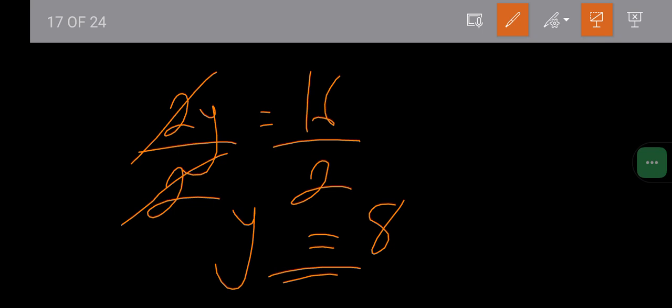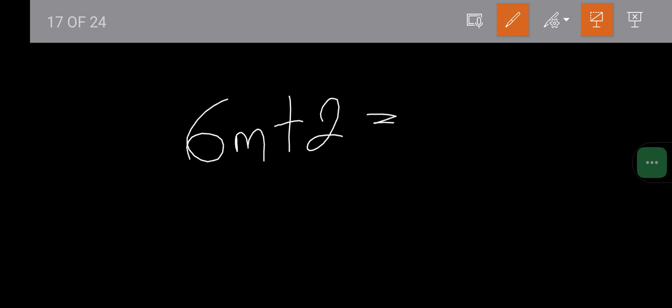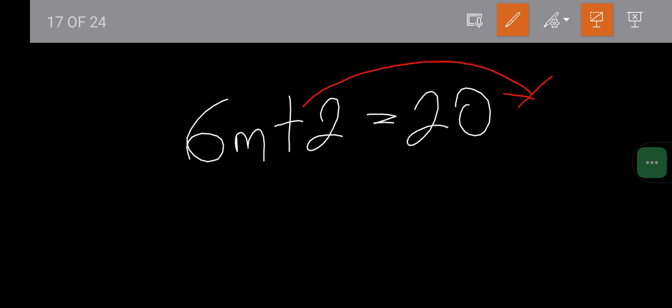All right, we move to the next question. That question says 6m plus 2 equals 20. So we're going to move 2 to the other side so that 6m can stand on its own.